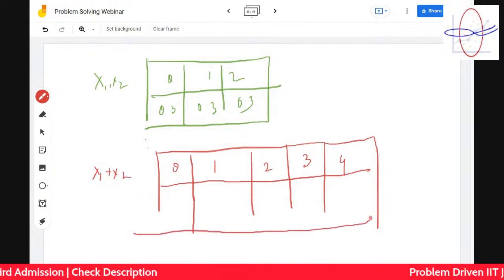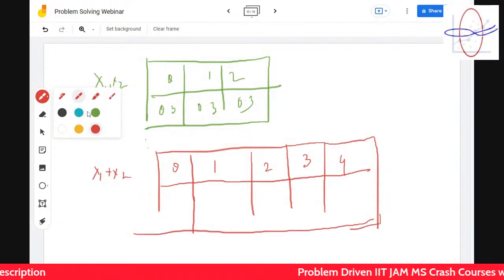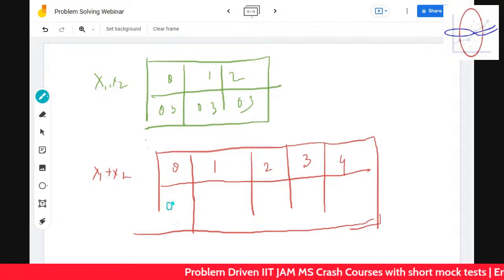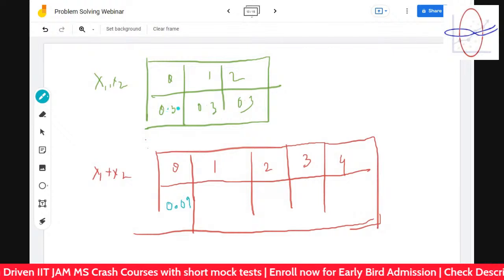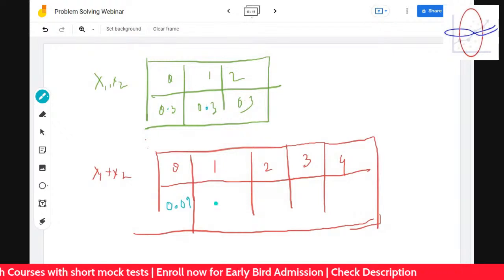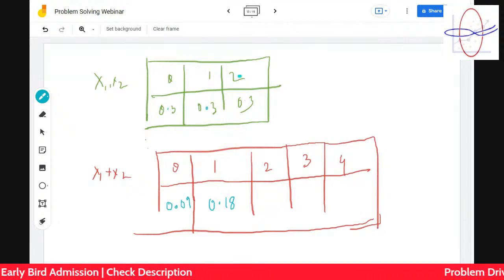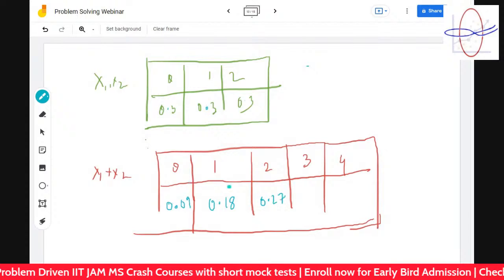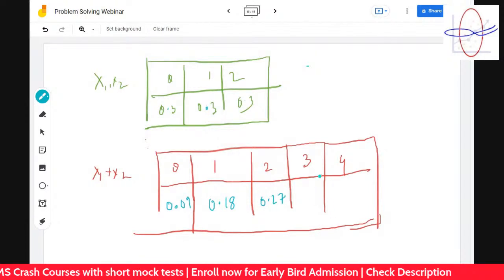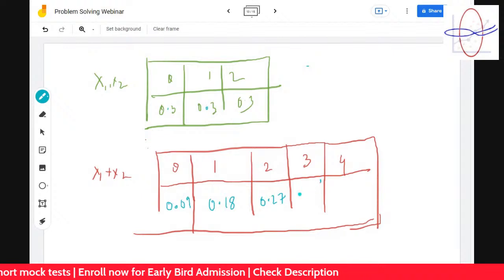Let's check this out. So 0 is 0.09, because 0.3 times 0.3. 1 is this plus this, so it's 0.18. 2 is 1 plus 1, 0 plus 2, and 2 plus 0, so 0.27. 3 is 1 plus 2 and 2 plus 1, so 0.18, and 4 is 0.09, I guess.